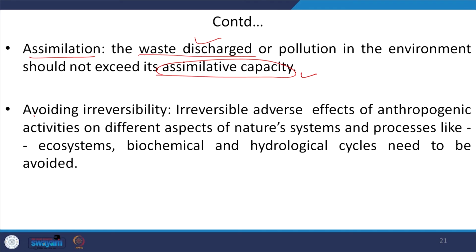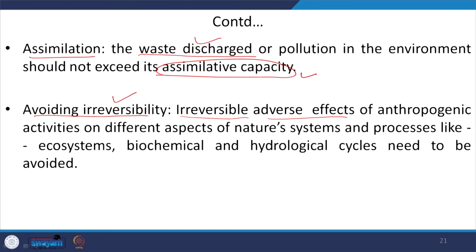And the last criterion in this regard is avoiding irreversibility. If you can avoid this irreversibility, that means we can avoid these irreversible adverse effects that we are observing out of these anthropogenic or human activities in terms of the production systems.